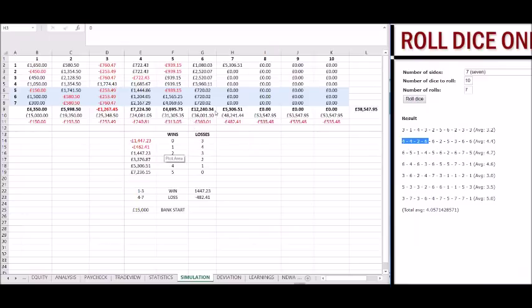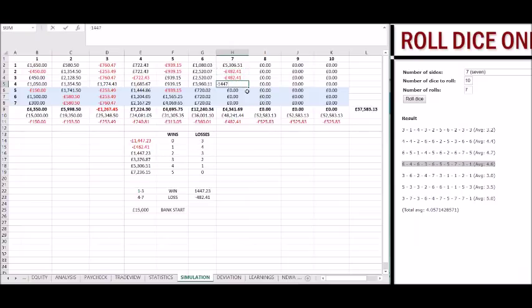So that's a minus 482.41. And the same again here, 1 win, 4 losses. So again, it's the same. Monday, Tuesday, Wednesday, Thursday. Monday, Tuesday, Wednesday, Thursday. Thursday there were.